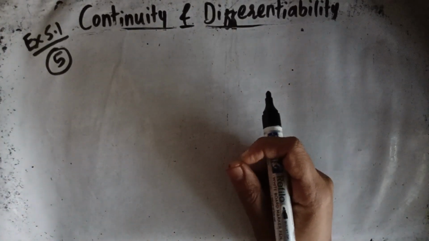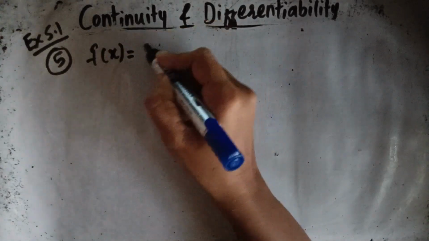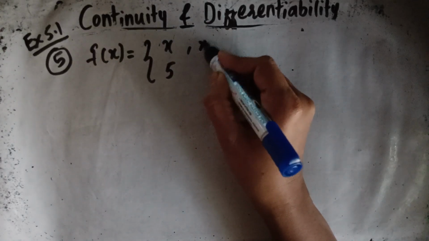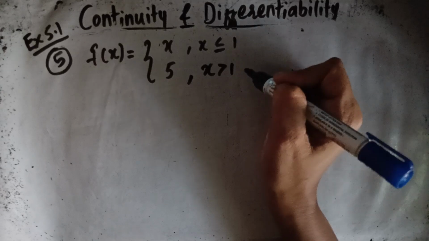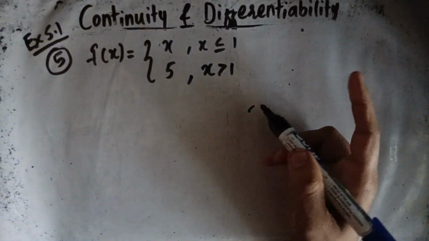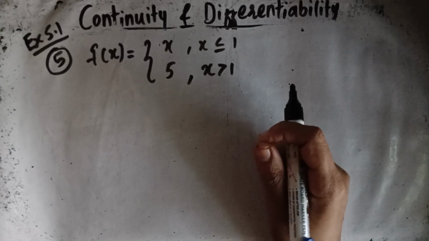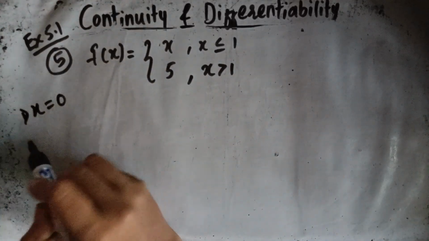Fifth question, is the function f defined by f of x equal to x for x less than or equal to 1, and 5 for x greater than 1, continuous at x equal to 0, x equal to 1, and at x equal to 2? So first thing is to check for x equal to 0.